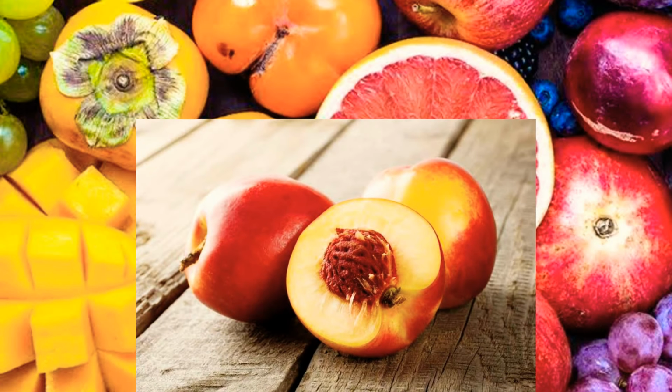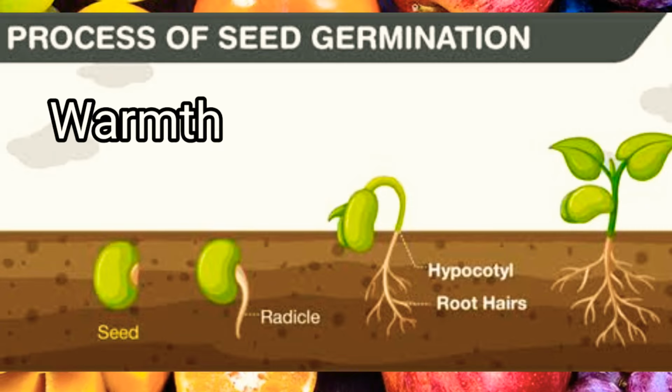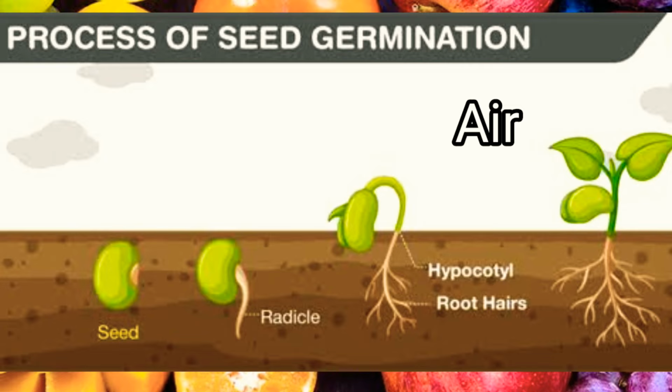Fruits protect the seeds and scatter them when it is time for the seeds to germinate. Seeds develop from ovules after fertilization. Seeds will grow when conditions for growth, warmth, moisture, and air are right.